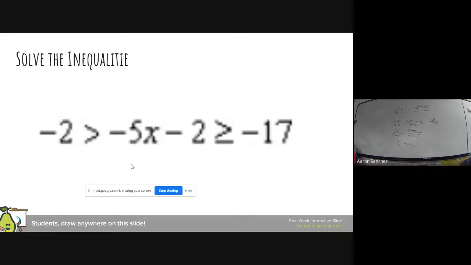Okay, solve the inequality. Let's go ahead and do this together. Does anyone know how to do this? We're on the same one. Oh, yeah, I'm sorry. Let me switch it over.